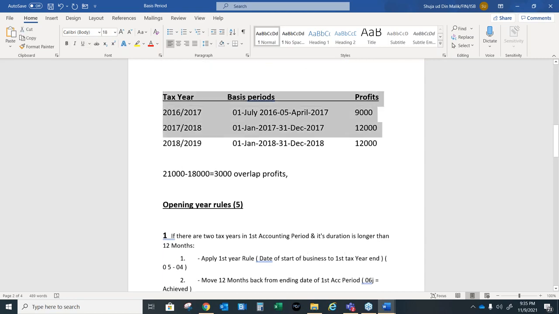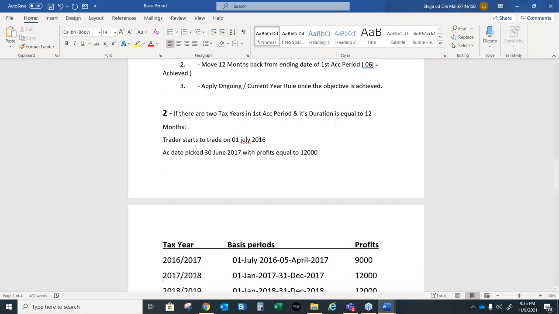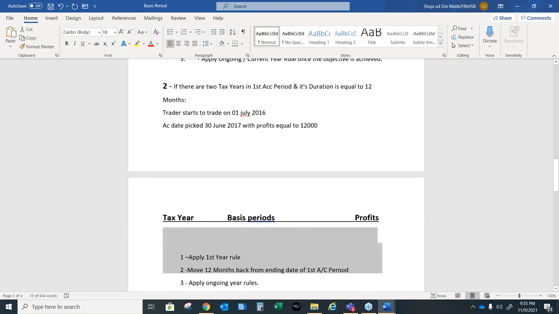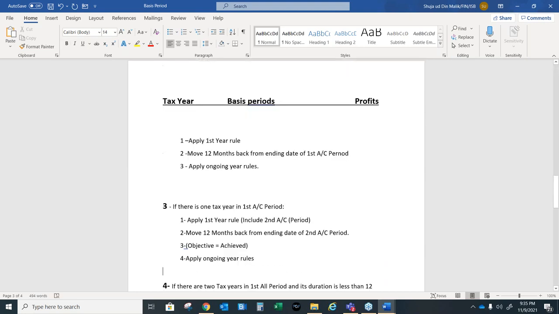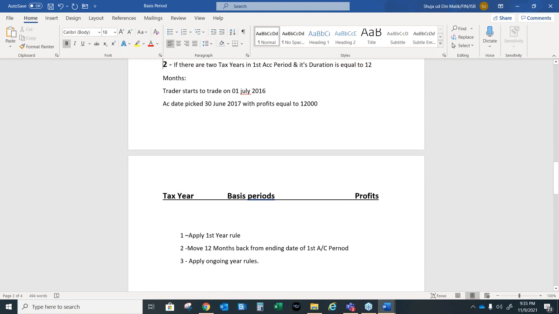I will copy it so that I don't have to do the effort again. Can anyone tell me what will be the first tax year in this case? It should be the same as the previous example.